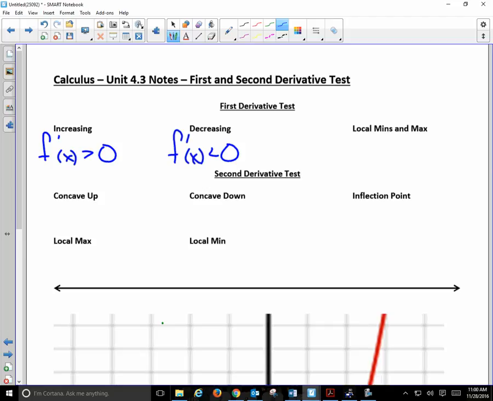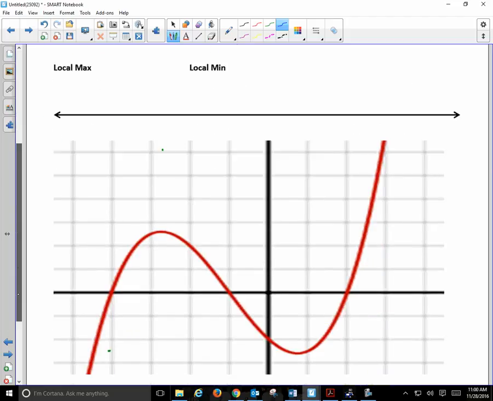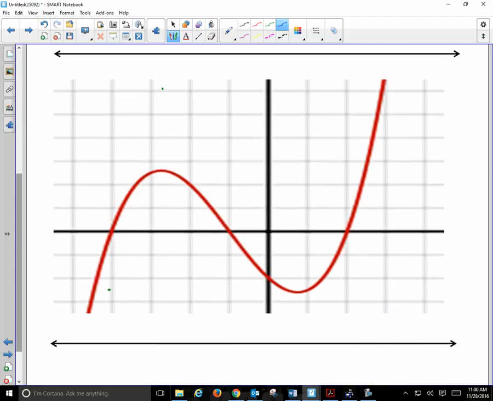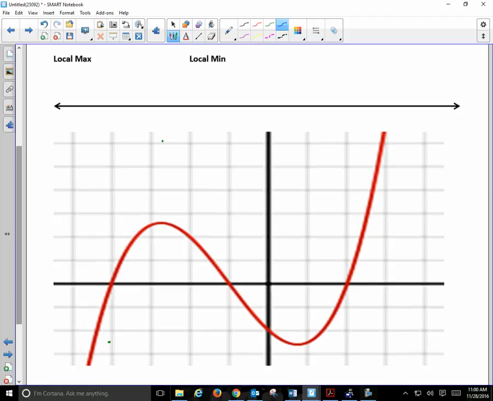Local mins and local maxes are a little bit different. Right here, do I have a local max or a local min? I have a local max. What do you notice about the derivative at this spot? The derivative is equal to what? It's equal to 0, isn't it? Now, you said it's a local max. Prior to the local max, is the derivative positive or negative?